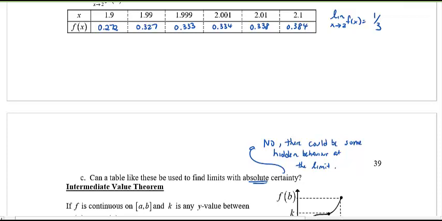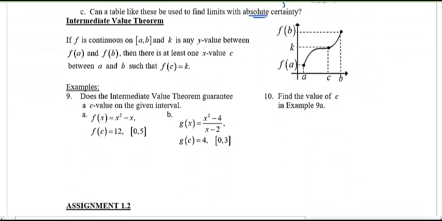Well, not this unit, this lesson. It's called the Intermediate Value Theorem, also commonly abbreviated with the 3 letters IVT. Okay, now, we'll be looking at a few theorems in calculus. One of them talks about the idea of an intermediate value.